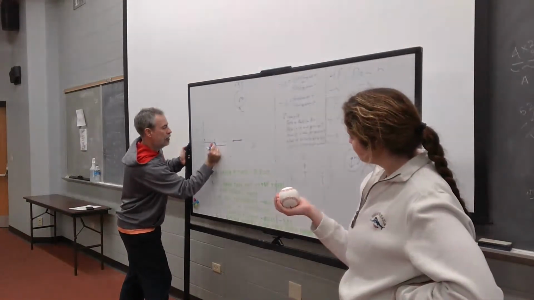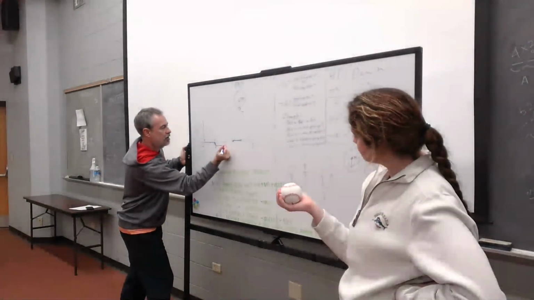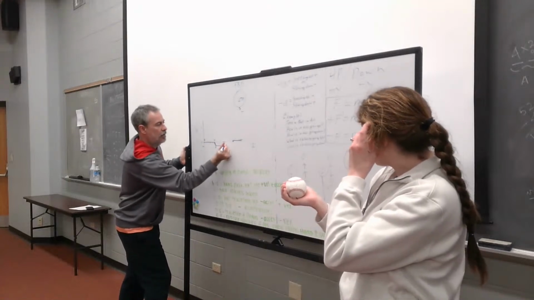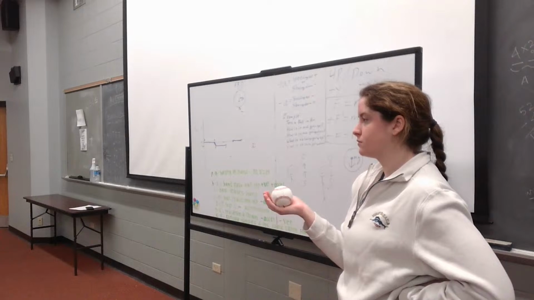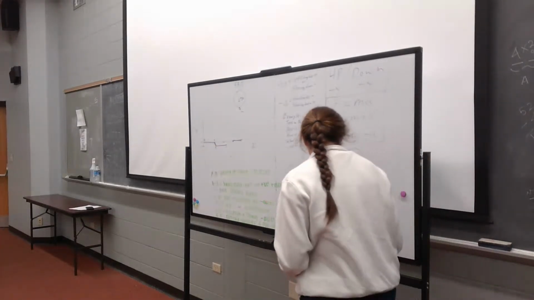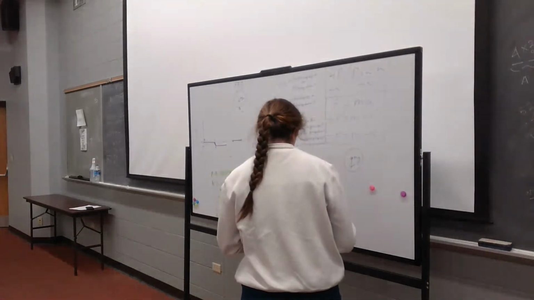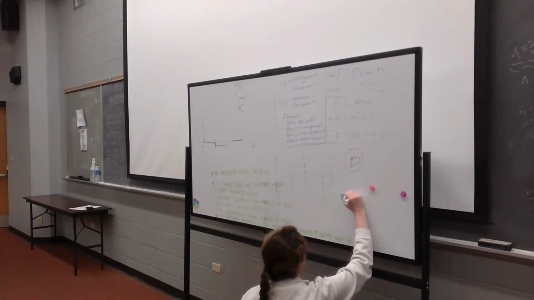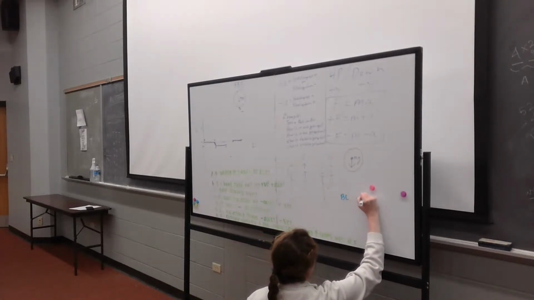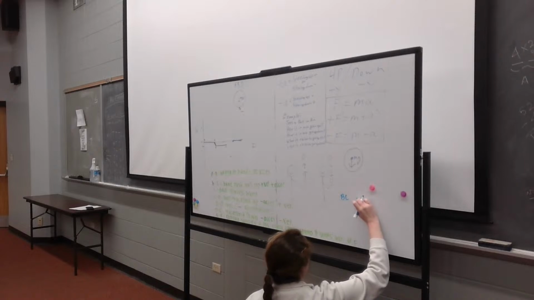Point A, point B, point C. What was my acceleration from B to C as I had a constant negative velocity? What was my acceleration? I didn't have an acceleration. Stayed the same speed.